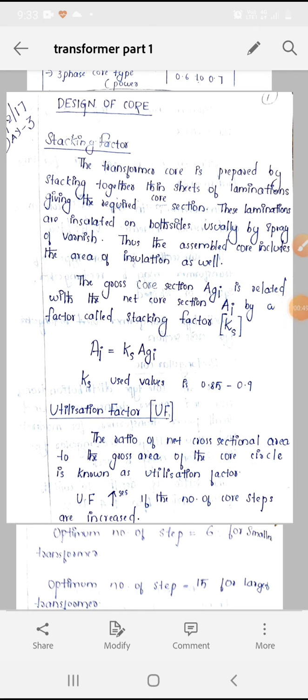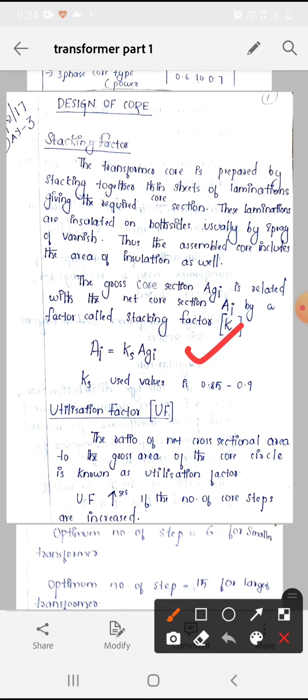First thing we need to know is the stacking factor. So what is stacking factor? Stacking factor is denoted as Ks. Ai is equal to Ks into Agi, where Ai is the net core area and Agi is the gross core area.